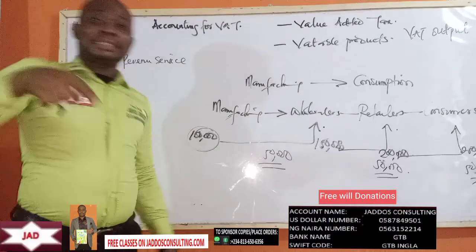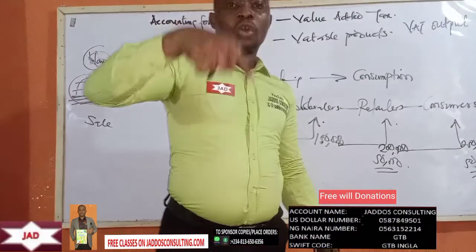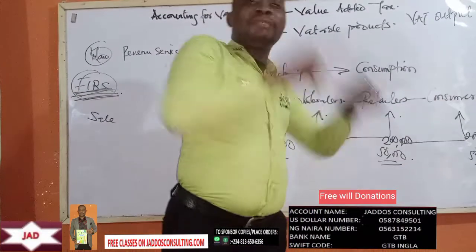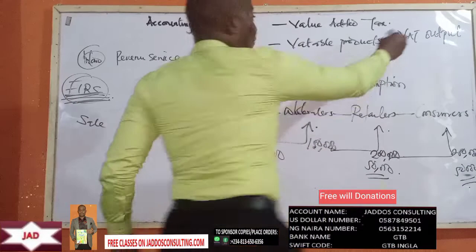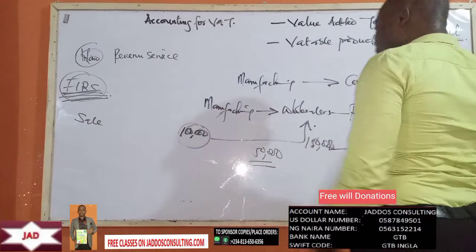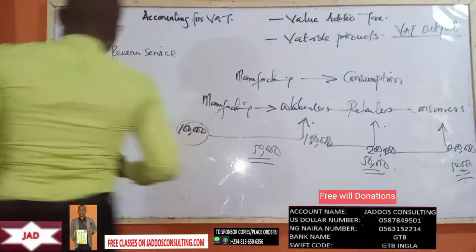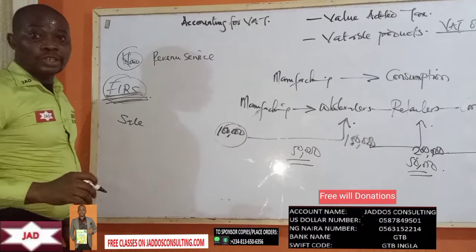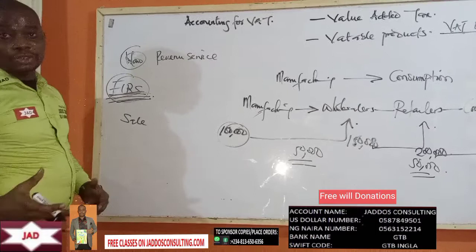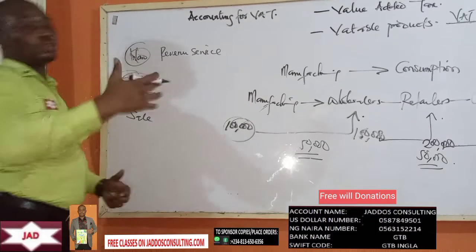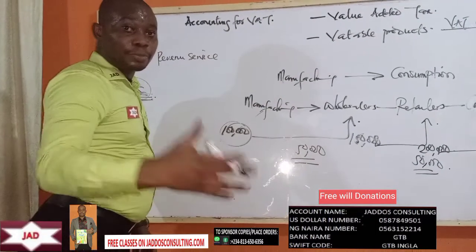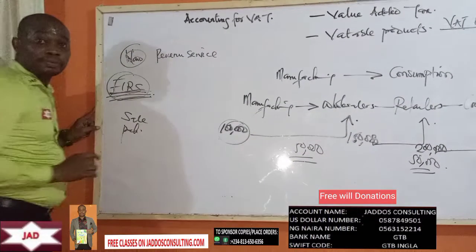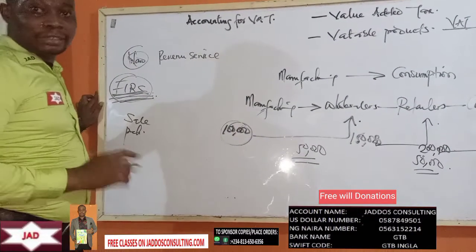So the VAT charged on sales made, that is when you sell vatable products, is what we call VAT output. Now, you can also purchase vatable products. You're going to buy vatable products and sell vatable products. So from the point of purchasing vatable products, you also get charged VAT. So you pay VAT there.